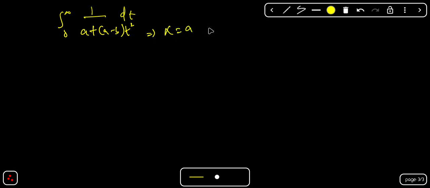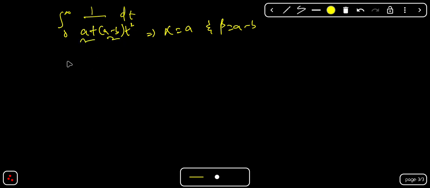T square is common, so that will be plus a minus b multiplied by t square, then dt. Now, let's write this out and solve that integral. So what you have now is the integral from 0 to infinity of 1 over a plus a minus b multiplied by t square, dt. So I can assume that alpha is equal to a and then beta is equal to a minus b. So alpha is a and beta is a minus b.